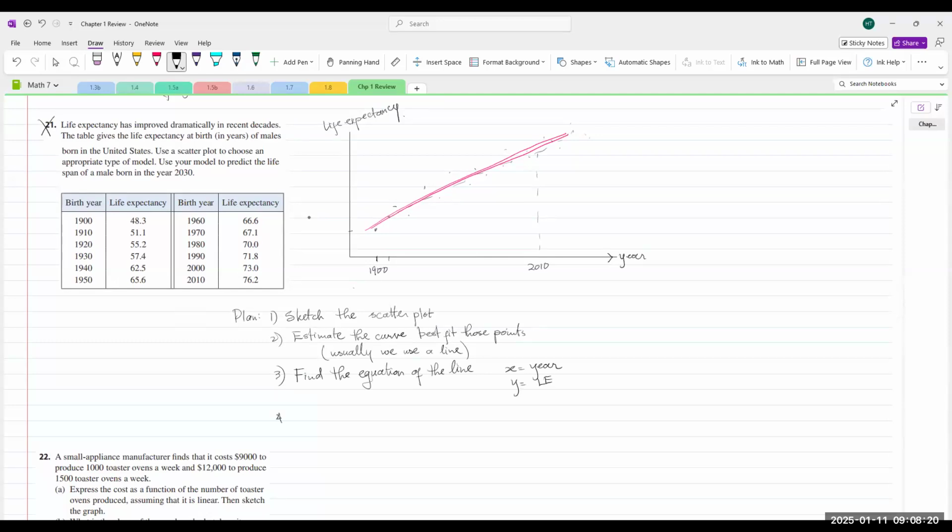Now then, after that, input x equals 2030, find y. Okay, so from there we can see how long a male born in 2030 can expect to live.